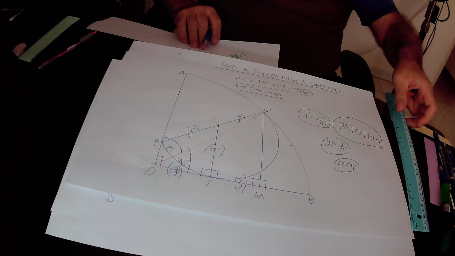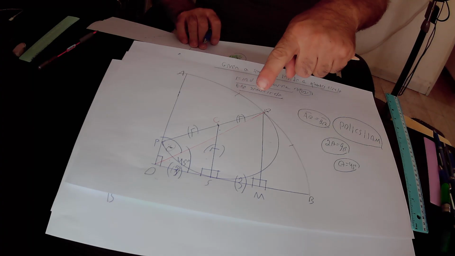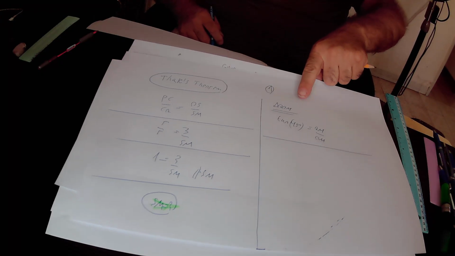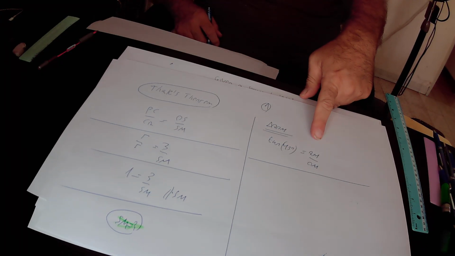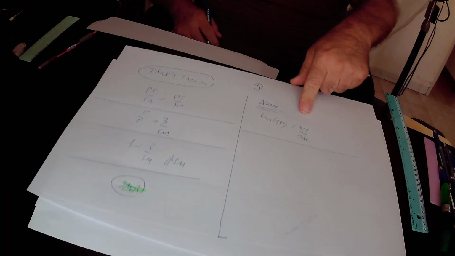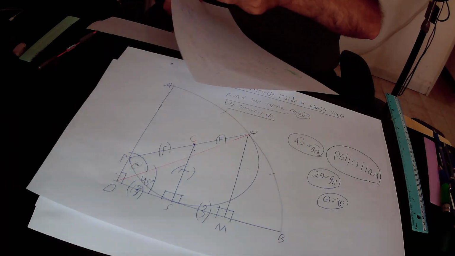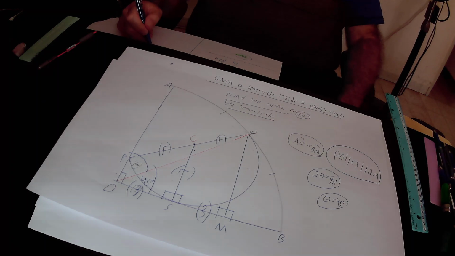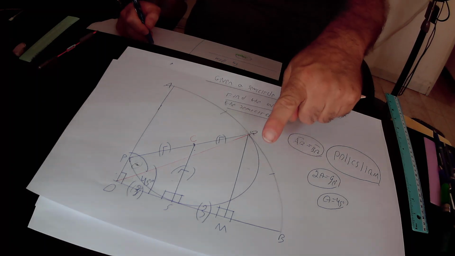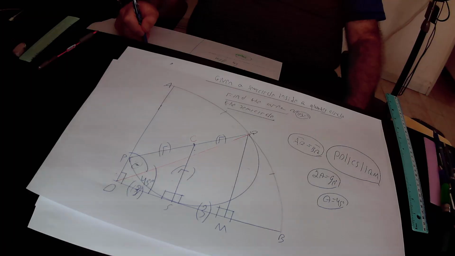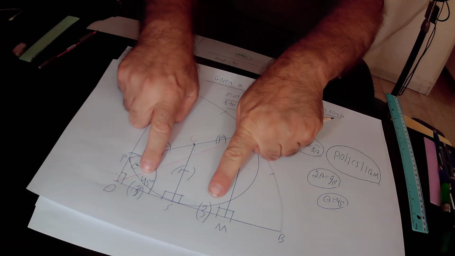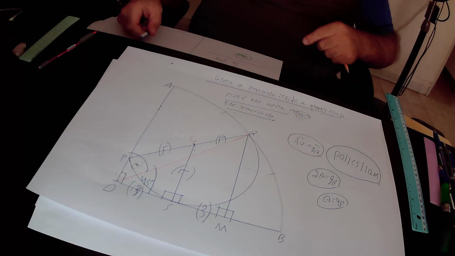Again, in the right triangle QOM, tangent 45 degrees equals QM over OM. Tangent 45 degrees is 1, so 1 equals QM over OM. QM is the missing side, so we leave it as it is. OM in total equals 3 plus 3, that is 6.